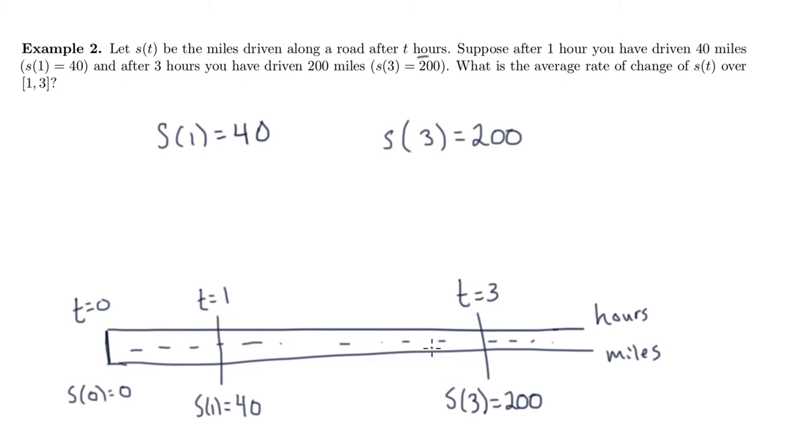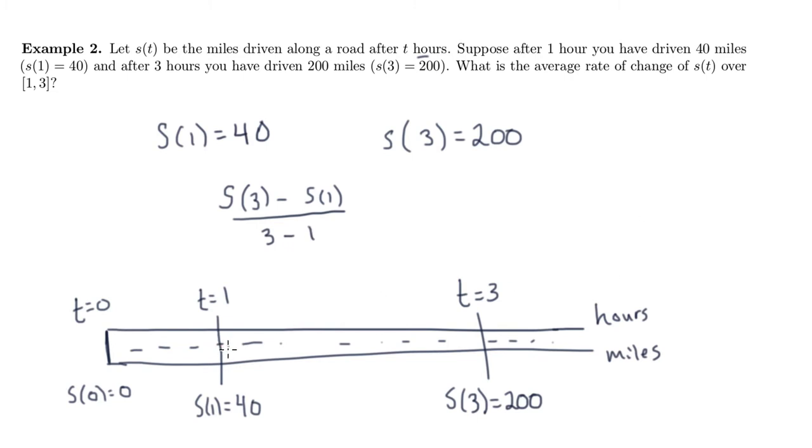And so probably if I asked you, what is the average velocity as you drive from this point to this point, you would probably be able to tell me. But it's just the average rate of change of this function. So s of 3 minus s of 1, divided by 3 minus 1.